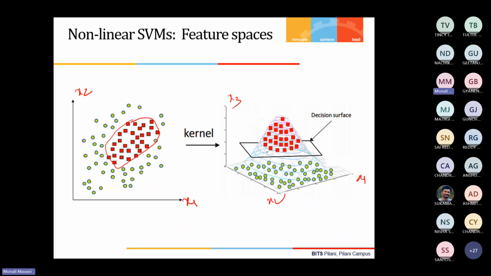Now when we pull the red part apart, we get this kind of cone-shaped three-dimensional figure, where you can see the red part and the green part are separated linearly with a linear hyperplane, which is a three-dimensional linear hyperplane. This is the intuition behind nonlinear SVM.